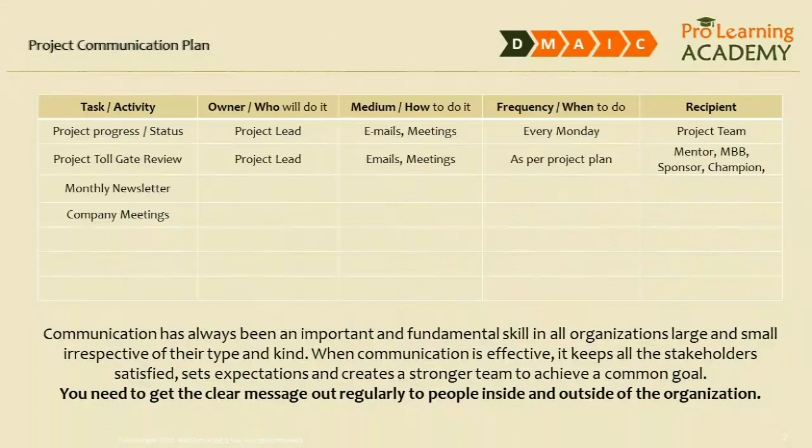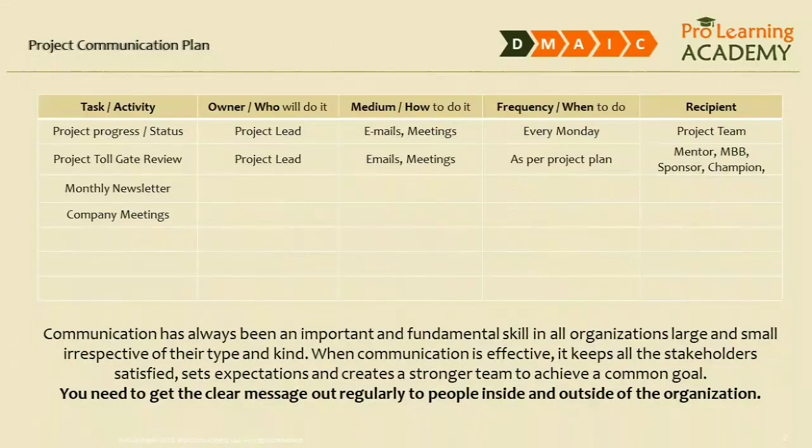Now, why communication plan? Either you require your project status or project progress to be communicated, or your project toll gates or the reviews that happen to be communicated to different stakeholders. So how you would communicate this information? Who will communicate this information? When this information needs to be communicated, and so on.